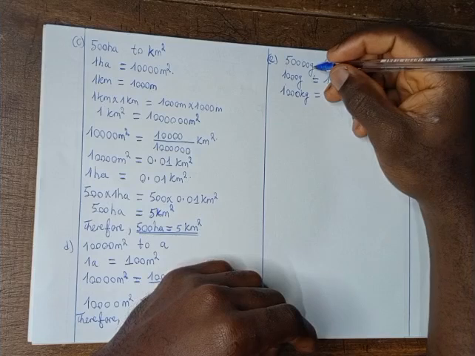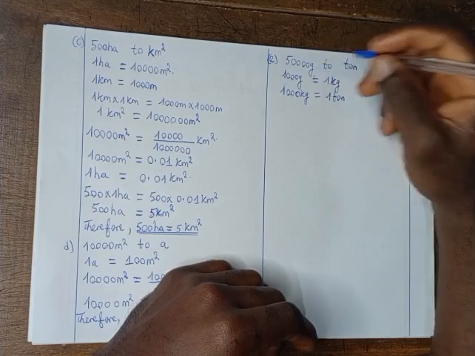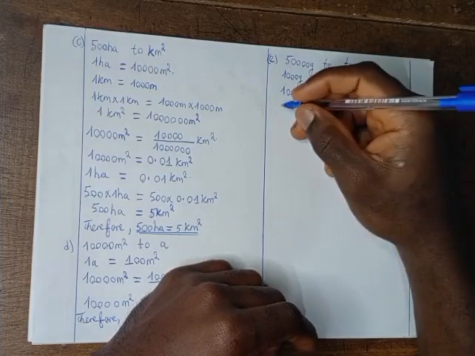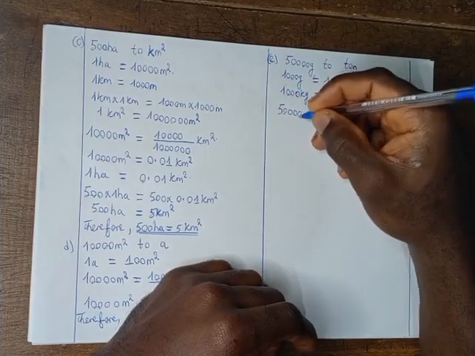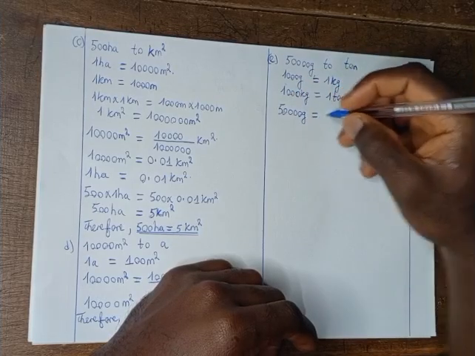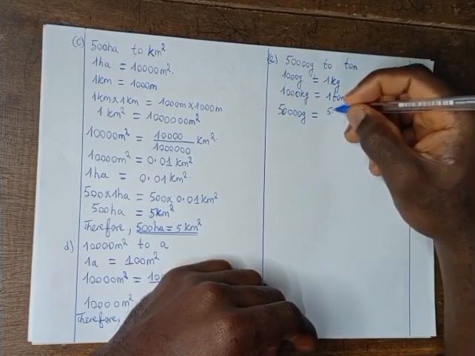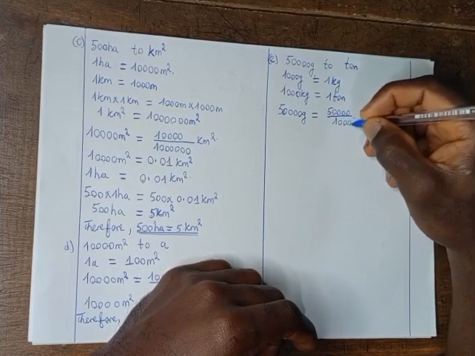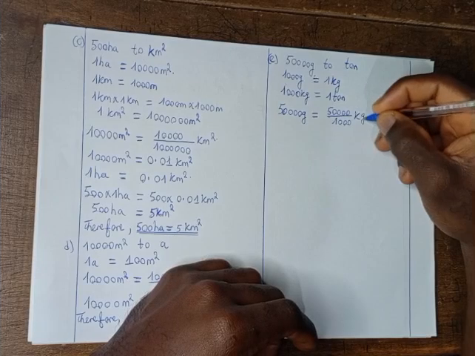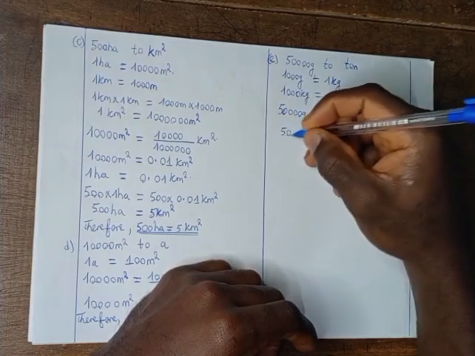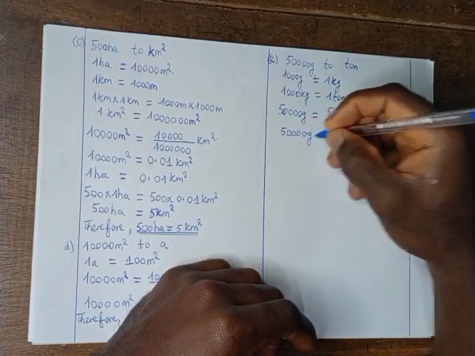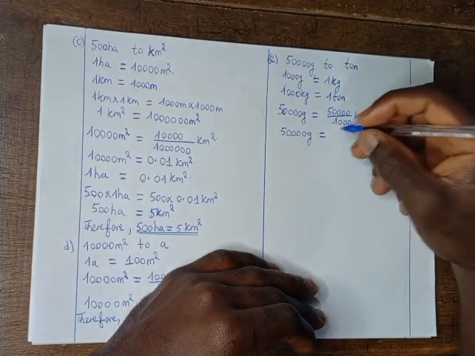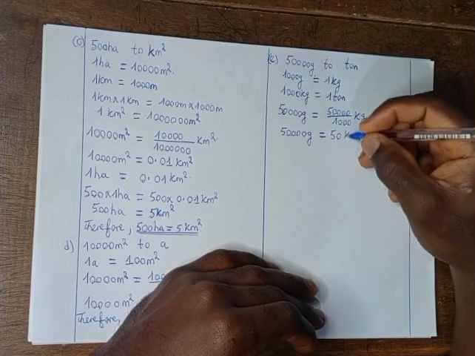So we are converting from a smaller unit to a higher unit. We are going to divide by 1,000. 50,000 grams in kilograms, we are simply going to divide 50,000 by 1,000. The unit here will simply be kilograms. So this will give us 50,000 grams to be equal to 50 kilograms.